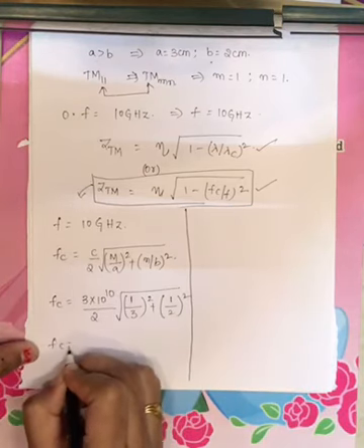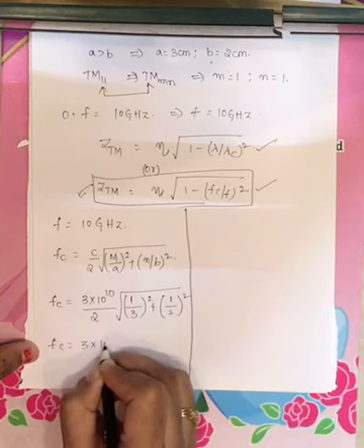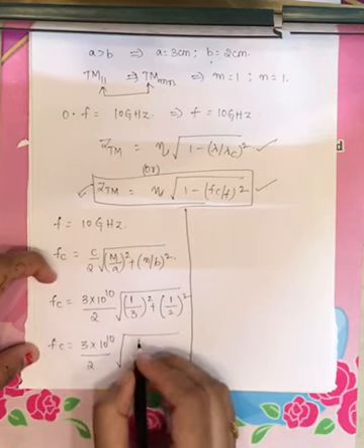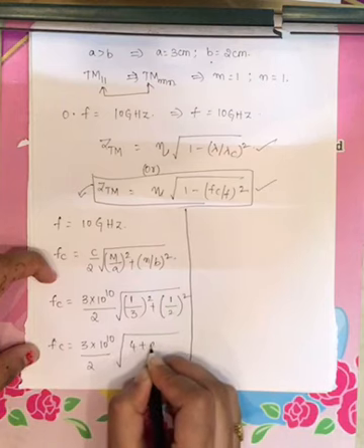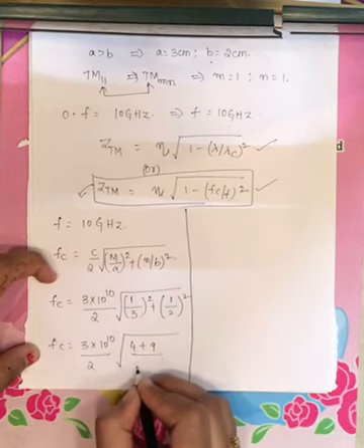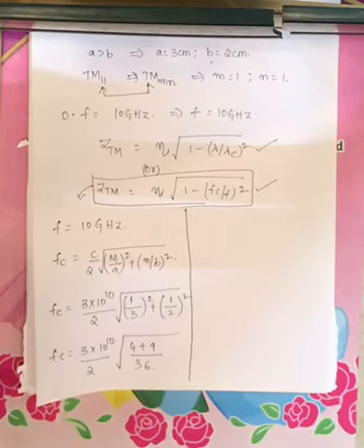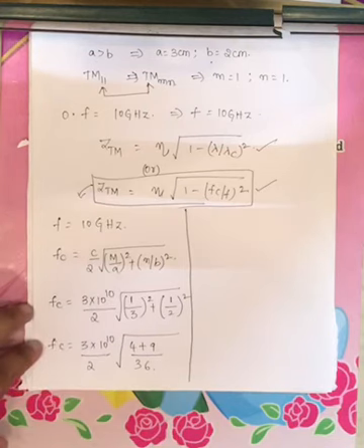That is fc equals 3 into 10 power 10 divided by 2 under root of, and this you will get 4 plus 9, and this you will get 36. 9 fours are 36.